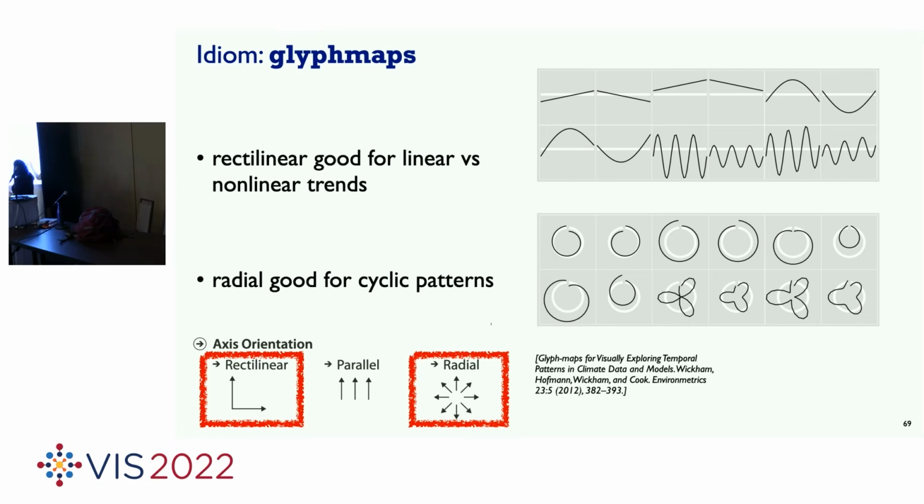So understanding cyclic patterns can be easier with the radial one. There are some good reasons to use radial versus rectilinear, but you want to be careful and make sure that you are taking into account the cost of usually not having high precision comparisons against the benefit of getting that wraparound.